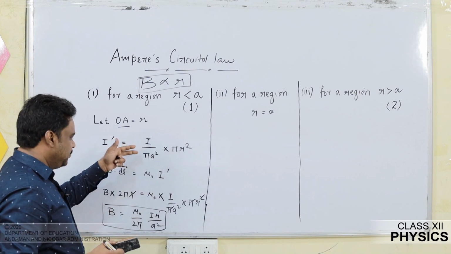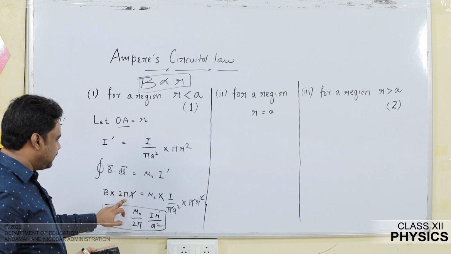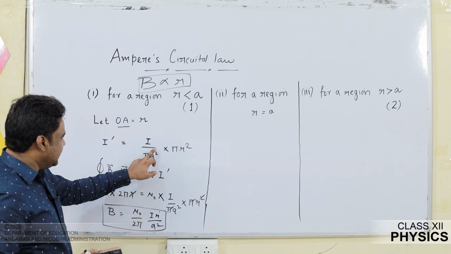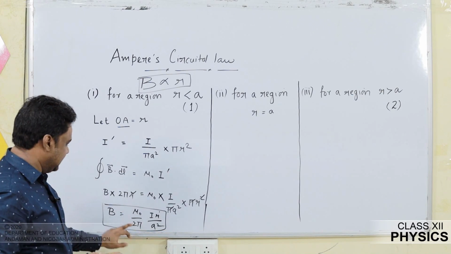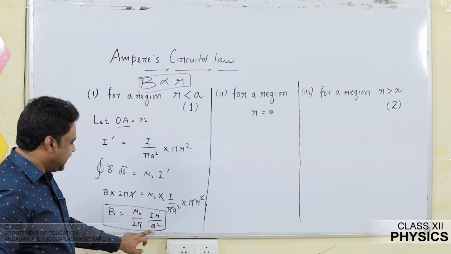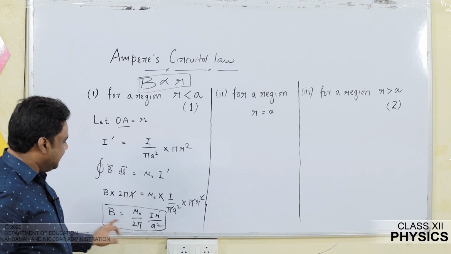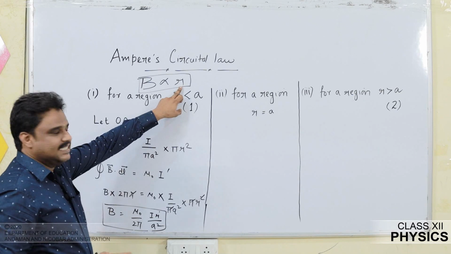Obviously I am going to use this in Ampere's circuital law. You know B dot dl can be replaced by 2 pi r mu naught. I dash is substituted by I by pi a square into pi r square. On simplification I am going to get B is equal to mu naught by 2 pi I r by a square. This clearly says the magnetic field is directly proportional to the distance.